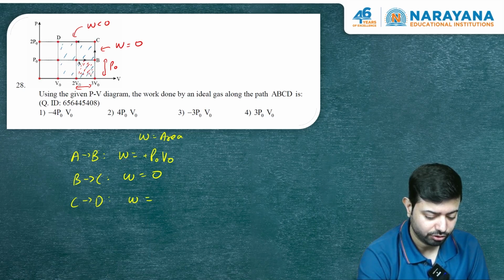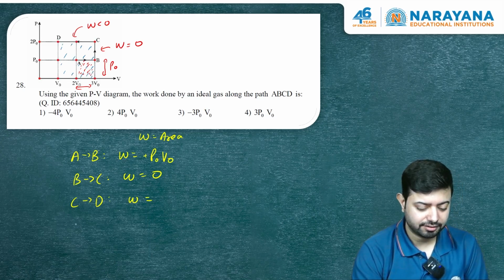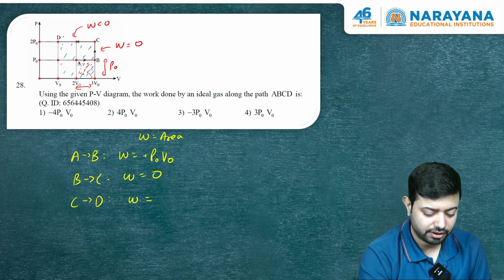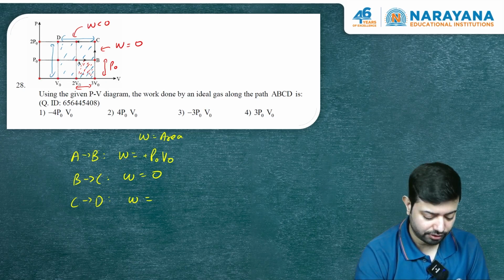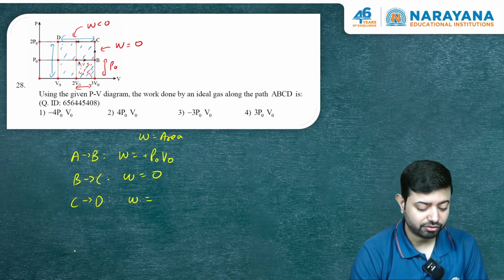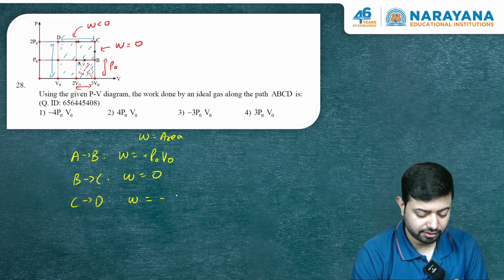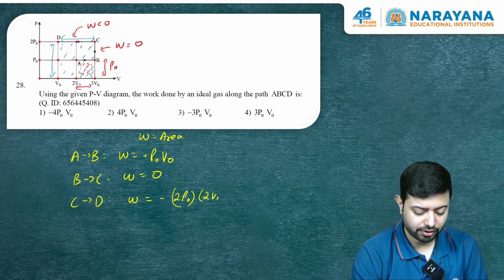This blue shaded area is simply this length, 2 V naught, and this length, 2 P naught, but it is negative because volume is decreasing. So, I will write down minus 2 P naught into 2 V naught, so that is minus 4 P naught V naught.